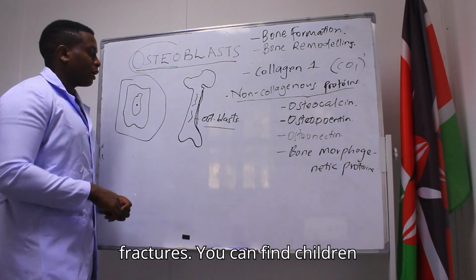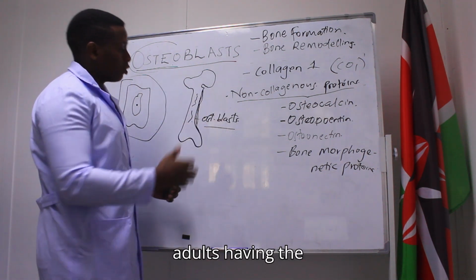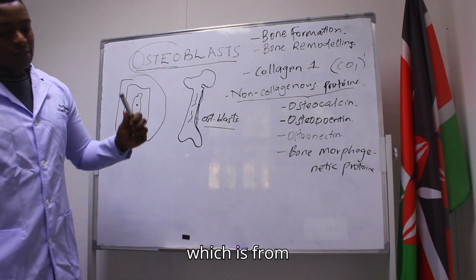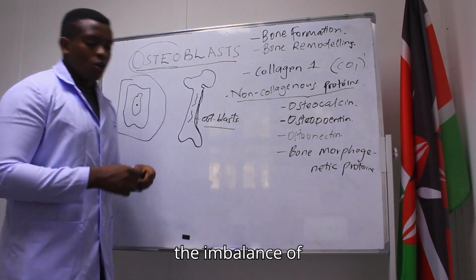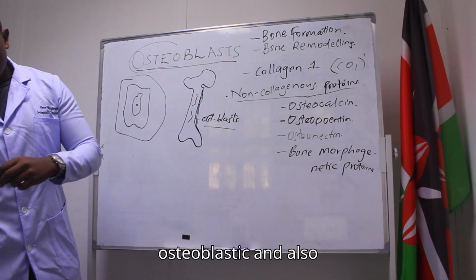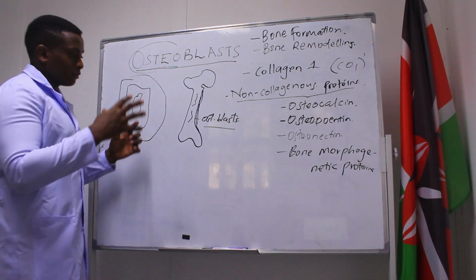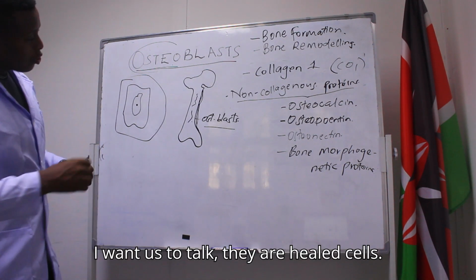You can find children having rickets and adults having osteomalacia, from the imbalance of osteoblastic and osteoclastic bone cells.